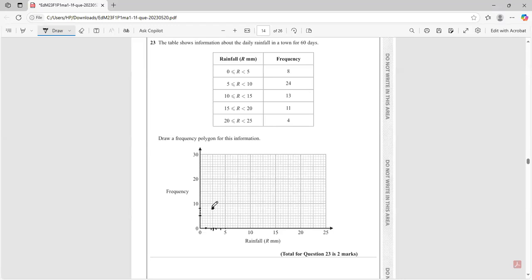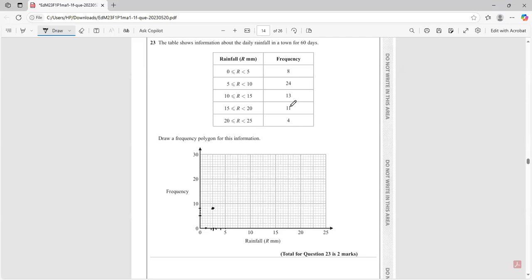Okay, all right. So quickly, 5 plus 10 is 15, and 15 divided by 2 is 7.5. Again, your multiplication table will come to your rescue here. 7.5 against 24. So let's look for 7.5 on the x-axis. Remember, everything here is on the x-axis and everything here is on the y-axis.